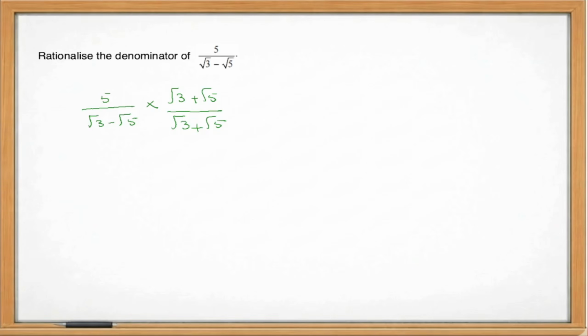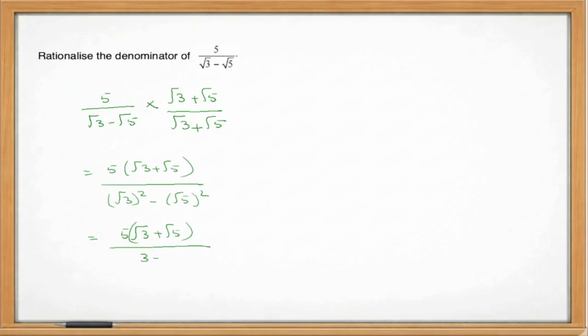You can write this as 5 into root 3 plus root 5 divided by root 3 square minus root 5 square, which is equal to 5 into root 3 plus root 5 divided by 3 minus 5, which is equal to 5 into root 3 plus root 5 divided by minus 2. I hope you understood. Let us go to the next page.